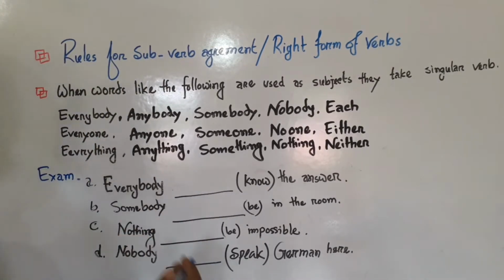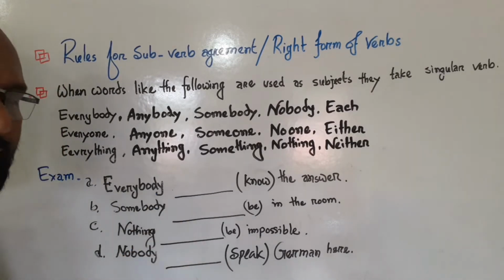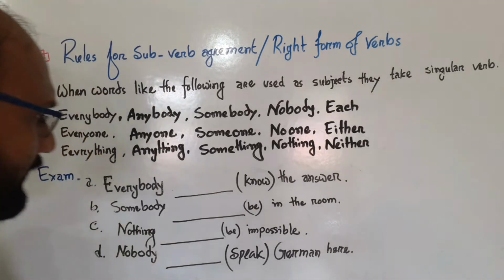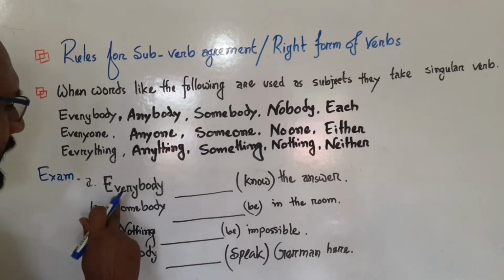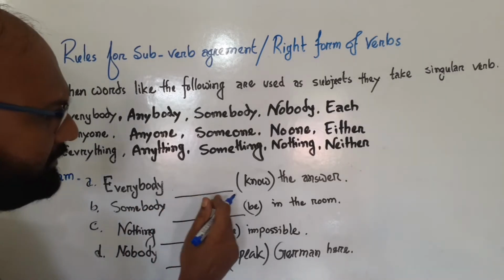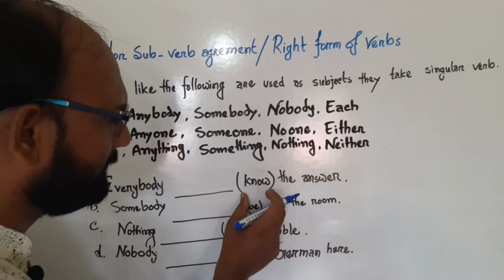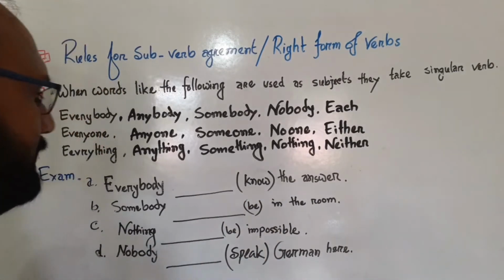Now I have given some examples here. If you try to follow my examples, you will be able to understand easily. Look at this. Number 1, A: Everybody dash the answer. In the bracket the word given is know.